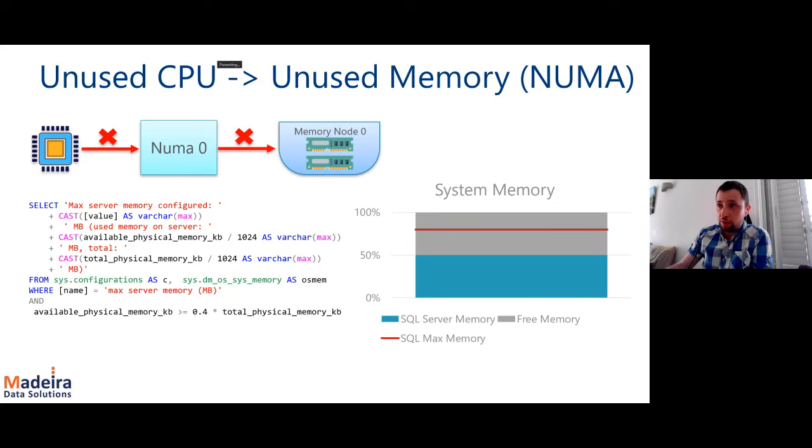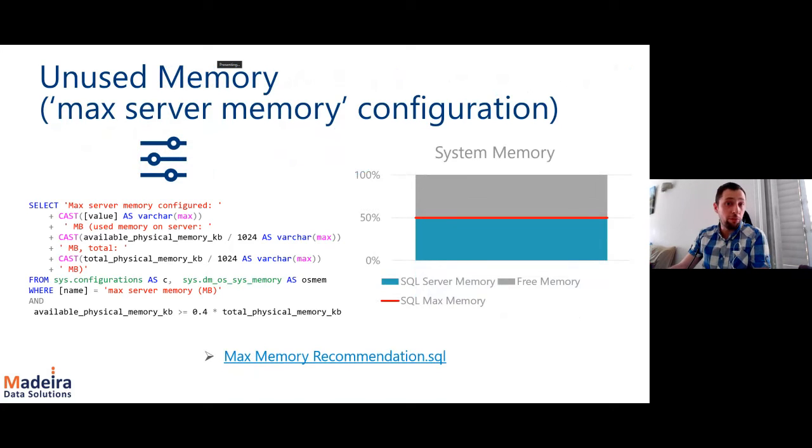Speaking of the max server memory configuration, that in itself could be a problem. If for whatever reason it is set too low, then obviously that means SQL Server cannot utilize the RAM memory beyond it. I saw a case where the max server memory was set okay at some point, but then the server was scaled up, was upgraded, and they added more memory because they said, you know what, there's not enough memory.